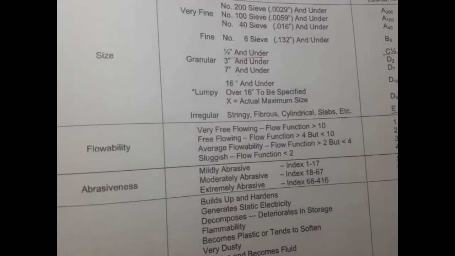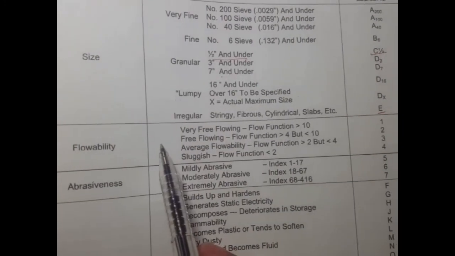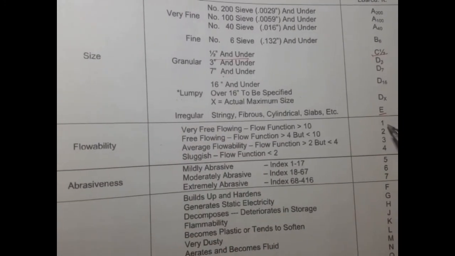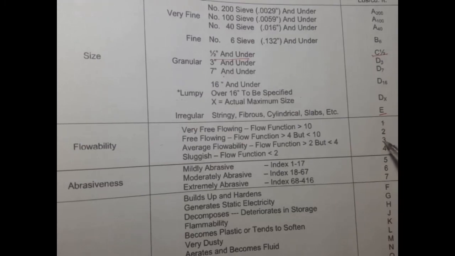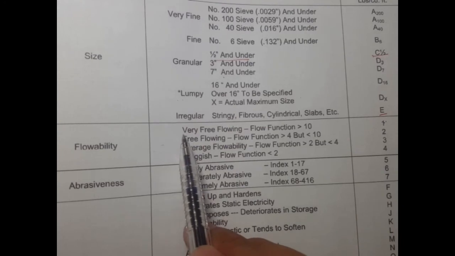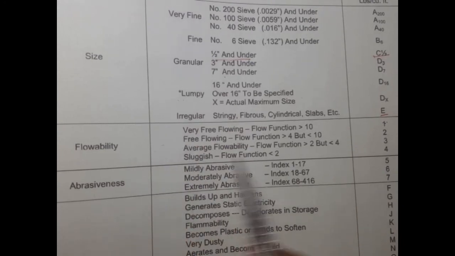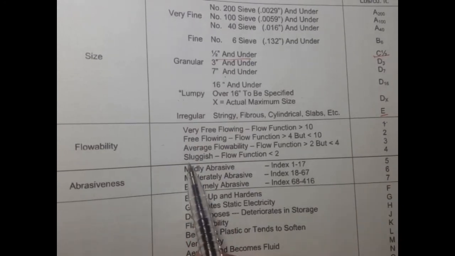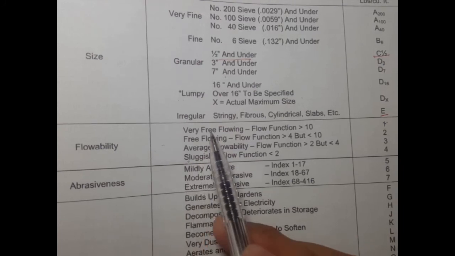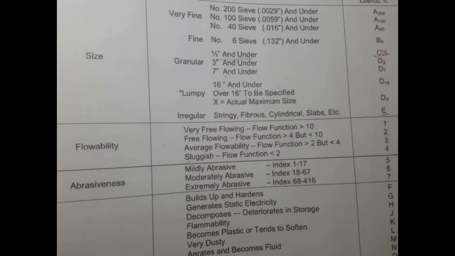For the flowability, we have a code designation 1, 2, 3, 4. If it is 1, then it is very free flowing, and if it is 4, then it is sluggish, the opposite of free flowing.